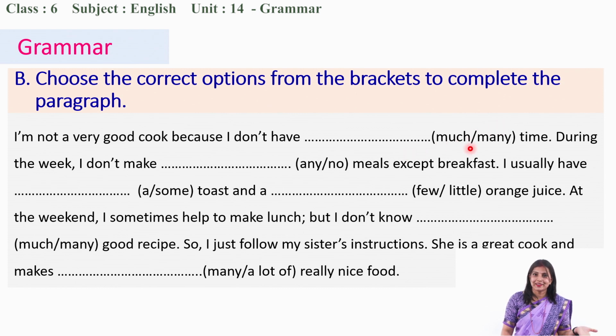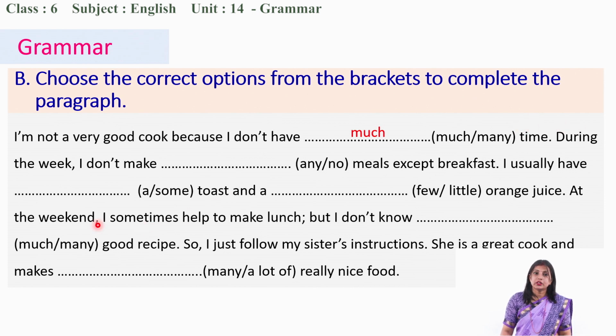We discussed earlier. Very good. Yes, it's much time because time is uncountable, isn't it? So, I am not a very good cook because I don't have much time. If I don't cook, that's why I am not a very good cook. You have to practice it, isn't it? But there is no time.